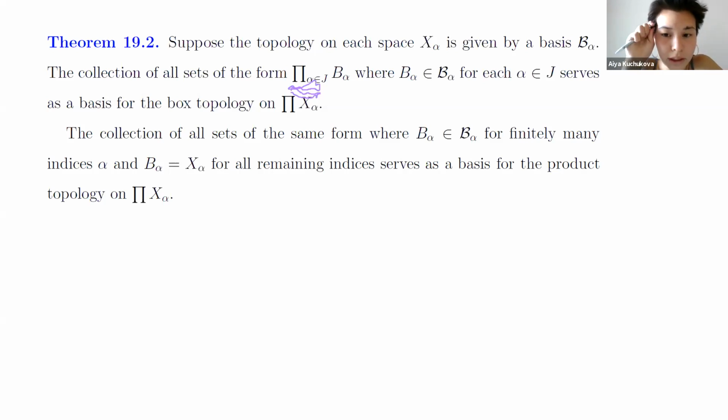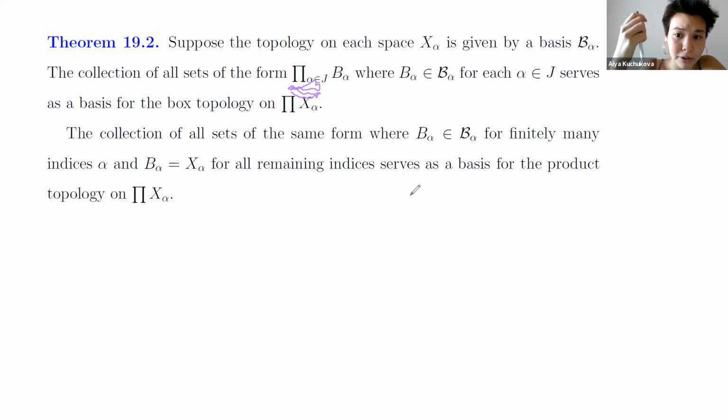And I guess for the product topology, it's more or less obvious, because for any element x, you can always look at the coordinates and say that this coordinate is contained in this basis element and this coordinate is contained in this basis element, and then you just take their cross product, and so you obtain a basis element.